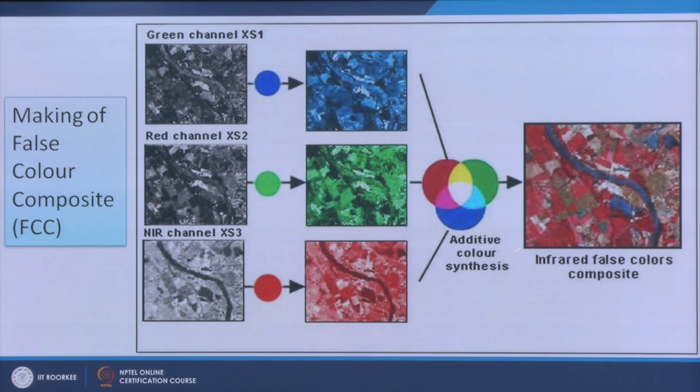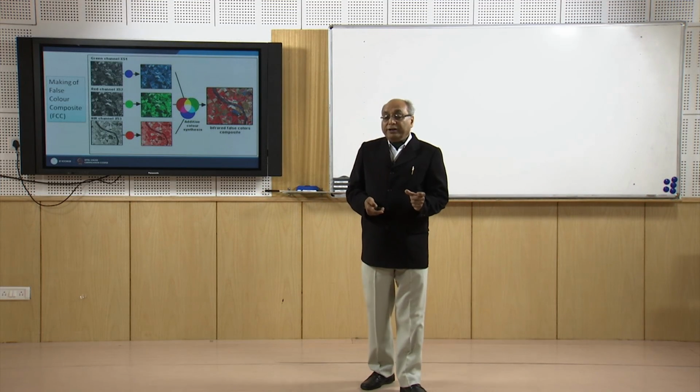As you can see, in a standard false color composite, vegetation will always appear red. More healthy, more dense vegetation will have more red color, whereas water bodies or bare soils will have different colors. This is a very standard practice of creating false color composites, especially when we had a limited number of bands.